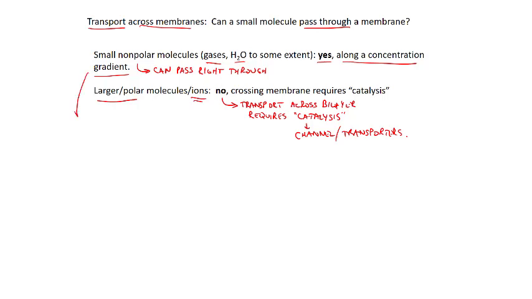So why is it that small and nonpolar things can pass through a bilayer, but larger and polar ones cannot? Well, if you look at a bilayer, what is a bilayer? We've got our fatty acid chains on the inside and our polar head groups of our phospholipids or sphingolipids on the outside.